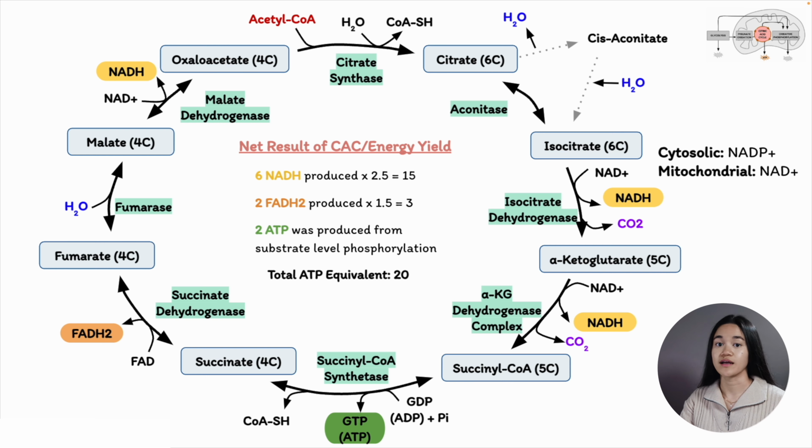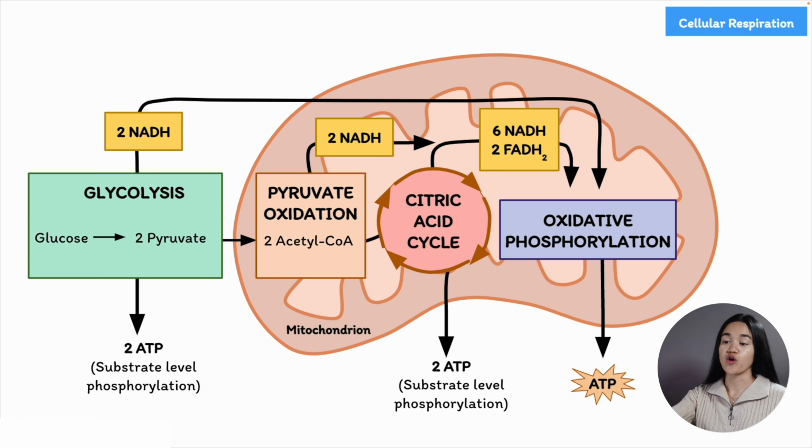GTP and ATP, again, are energetically equivalent. But the citric acid cycle goes through 2 cycles, which is how we generate 6 NADH and 2 FADH2. Okay? We'll calculate the total yield per glucose later on.